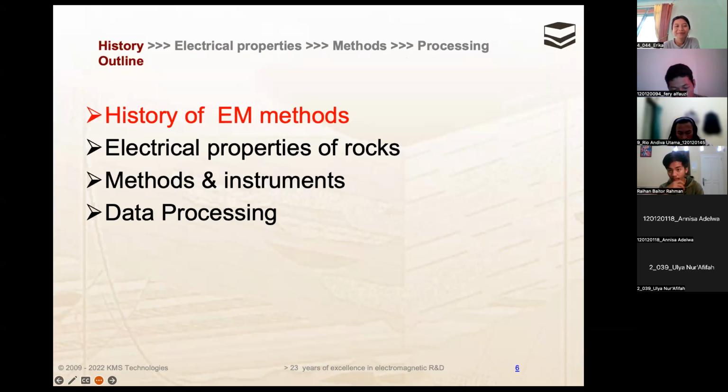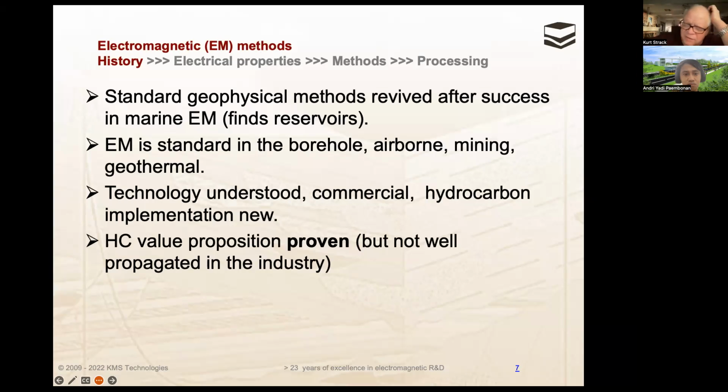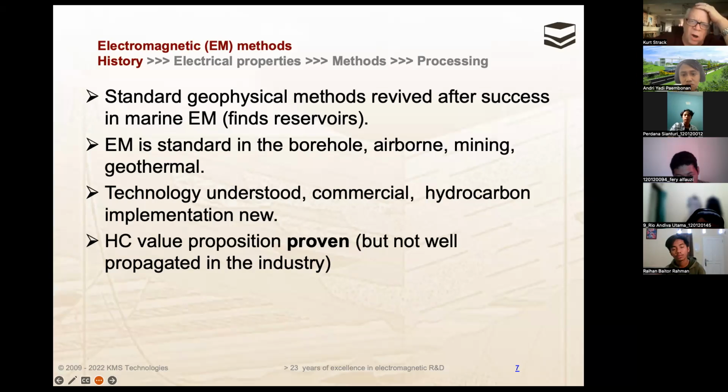Next, I will talk about the history of EM methods. Electrical methods were not very popular after the 1980s until marine electromagnetics revived them and used them to find hydrocarbon reservoirs. Electromagnetic methods are a standard technique in borehole measurements. 65% of all borehole measurements worldwide are electromagnetic measurements.